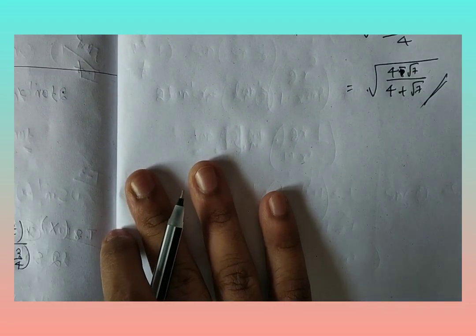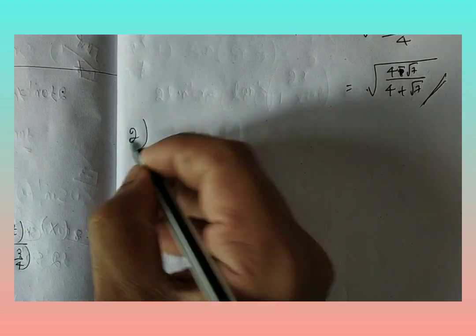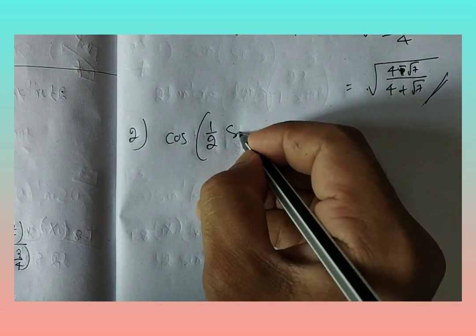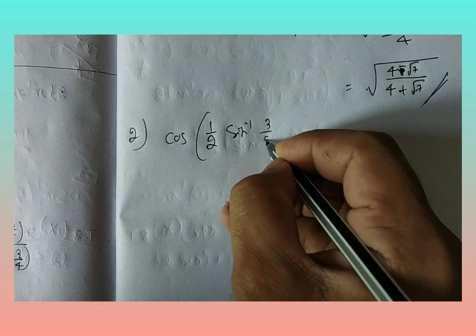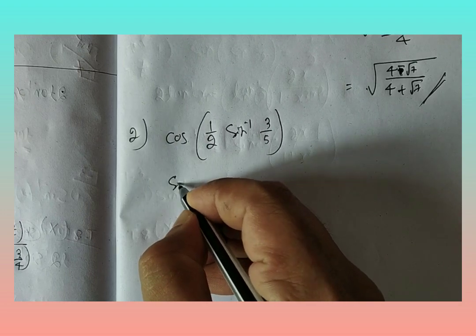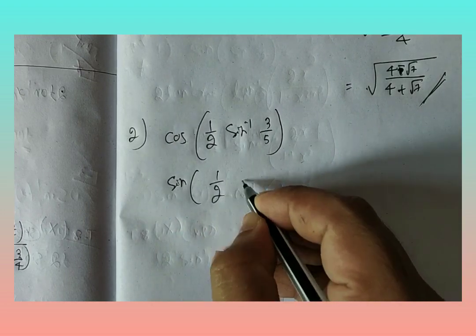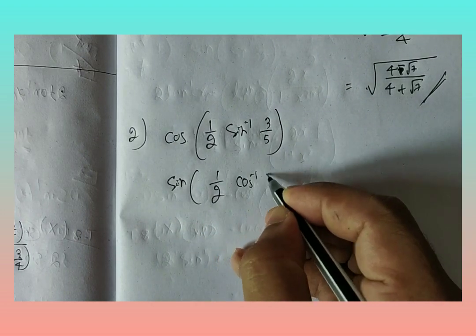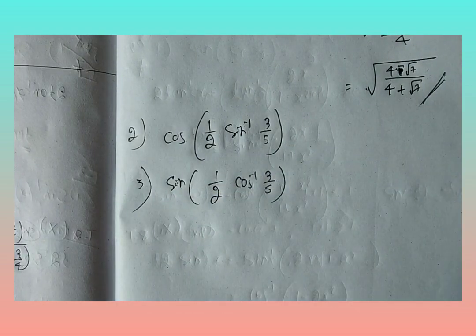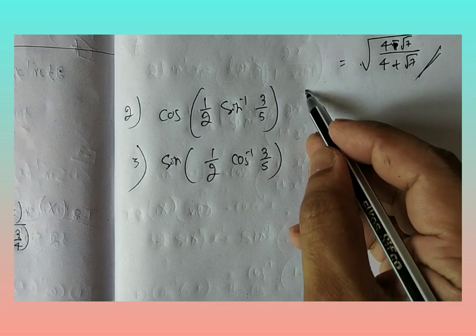Similarly, a same type of question, but here it is cos of 1 by 2 sine inverse 3 by 5 and sine of 1 by 2 cos inverse 3 by 5. You can try it and I will give you the half angle formula.